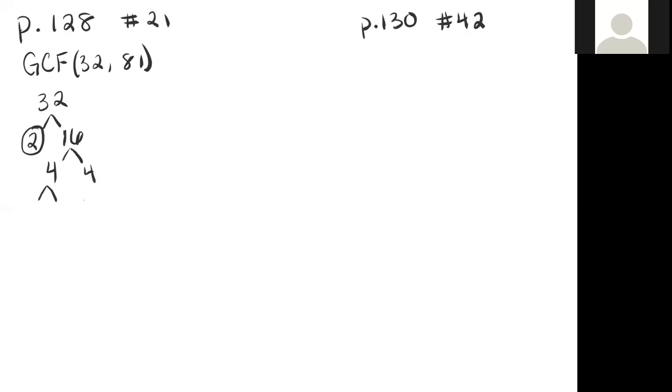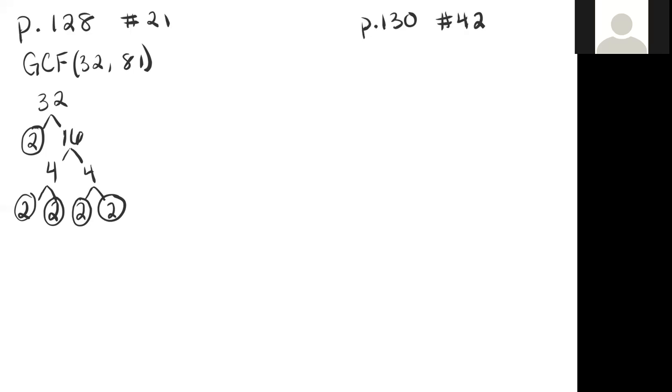Remember, our goal here with the factor tree is we're trying to get all prime numbers at the bottom. We're trying to have all of our branches have little apples on them with circles. Okay, so to get 4, I can multiply 2 times 2, and 2 is prime. So I'm going ahead and circling all of those. All right, so I'm done with 32.